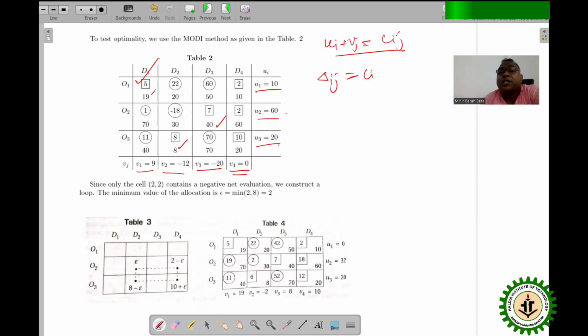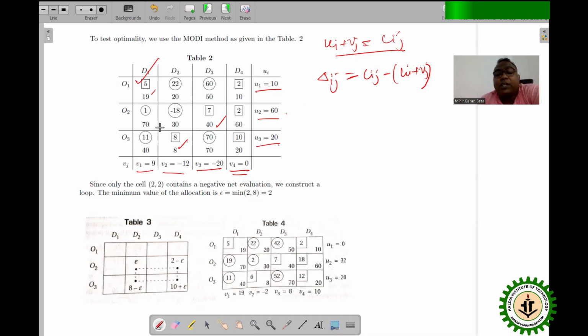So you are able to find all ui and vj, and after that we calculate delta ij, which is cij minus (ui plus vj). So you can see that 10 plus minus 12 is minus 2. So 20 plus 2 will be 22. In this manner, the cell evaluation has been done for all the non-allocated cells.